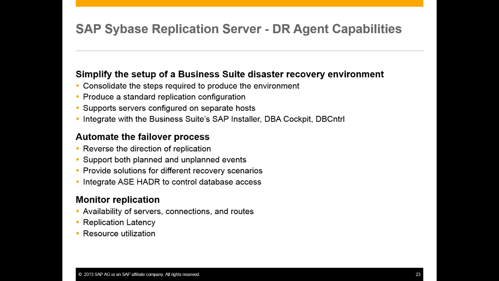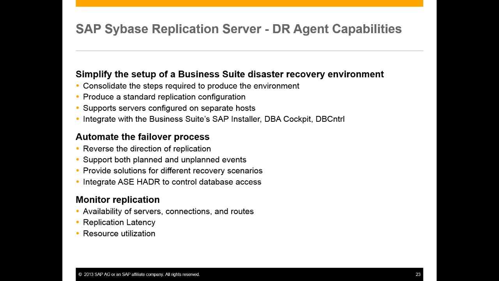First, it simplifies the setup of the Business Suite DR environment. It configures the ASE and it configures the Rep Server. By default, you can configure ASE and the Rep Server either in a separate environment or on the same host. It basically sets up the primary side as well as the secondary side for you automatically through the DR agent capability.